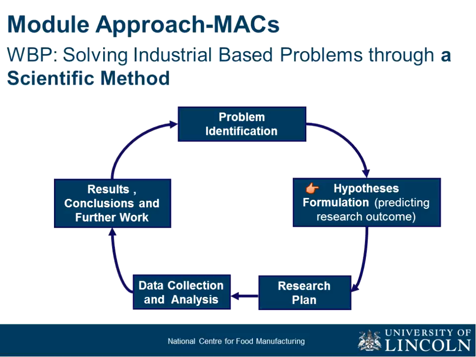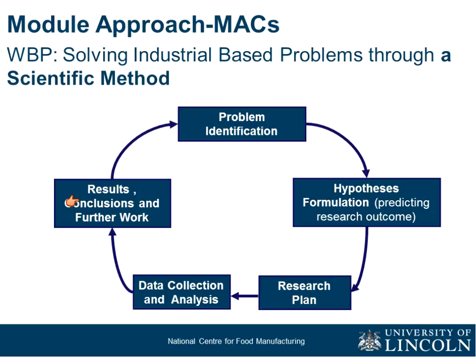How do we reduce customer complaints? These are the problems you are trying to identify. The next thing you want to do is to formulate your hypothesis. Hypothesis formulation is like predicting the research outcome, telling us what you will achieve at the end of the day. Then your research plan, followed by data collection and data analysis, then result, conclusion, and further work.